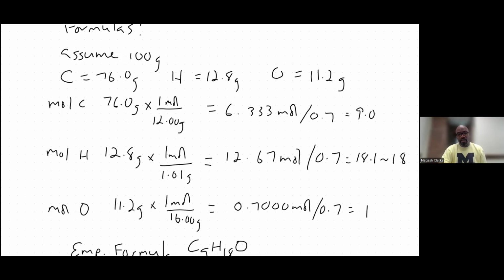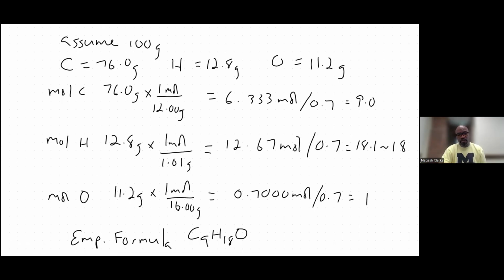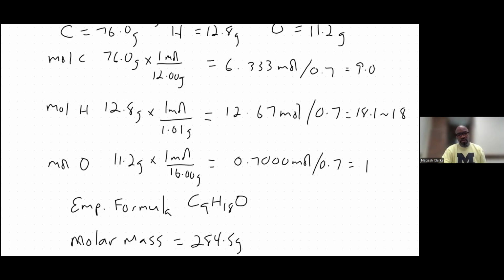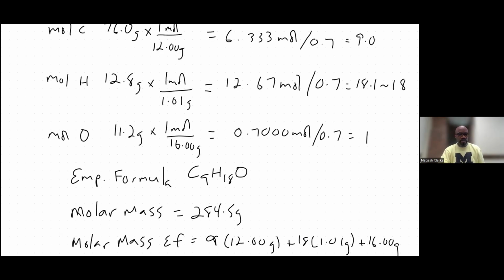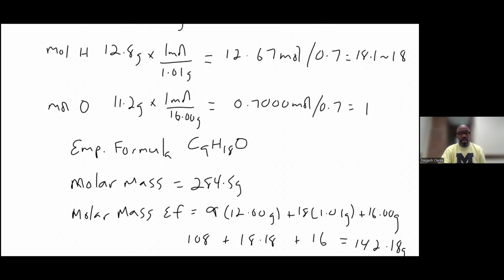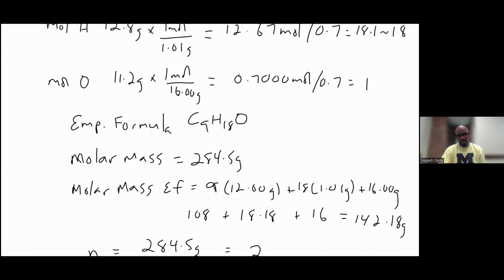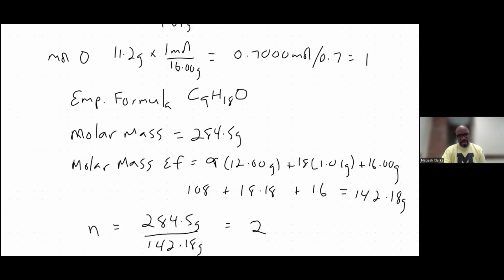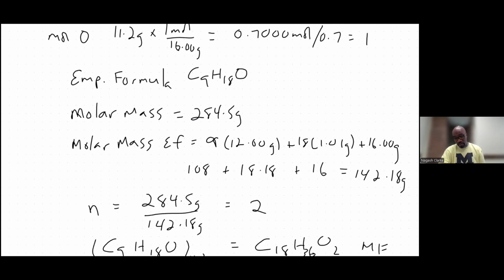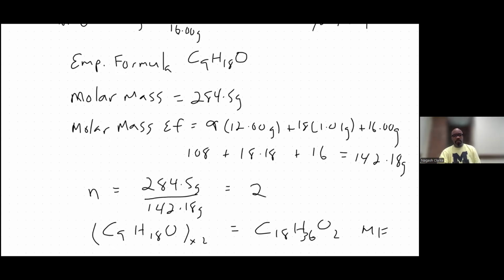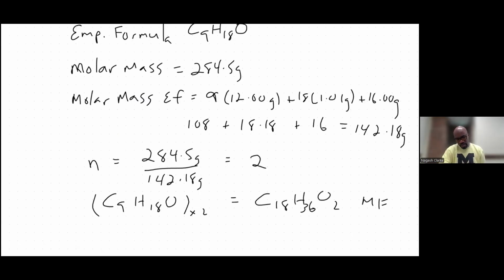Then you write your empirical formula. If you're given the molar mass, you can find the molecular formula by finding the molar mass of the empirical formula, which in this case is 142.18, and dividing the given molar mass by it. You should get a whole number multiplier, and you multiply the subscripts by that whole number to get the molecular formula.